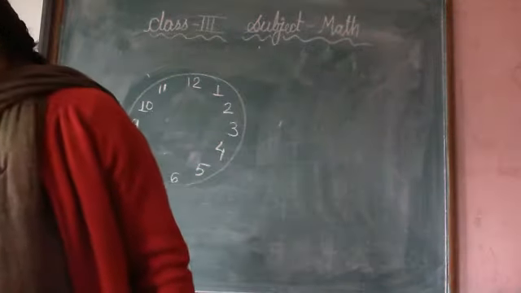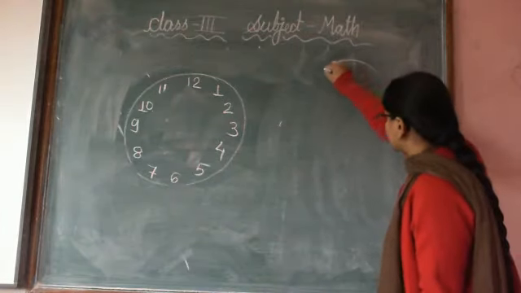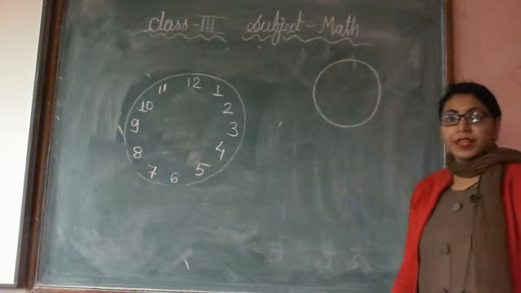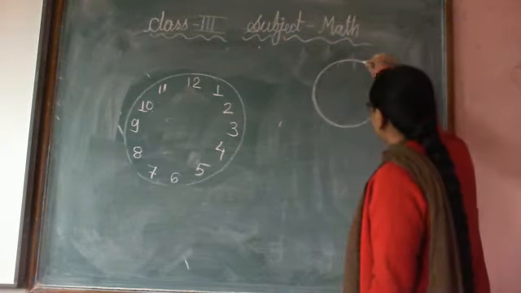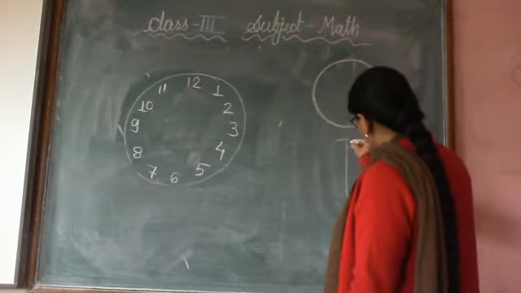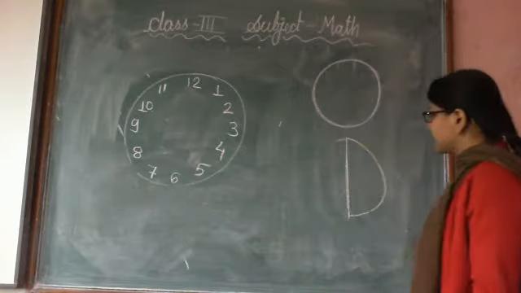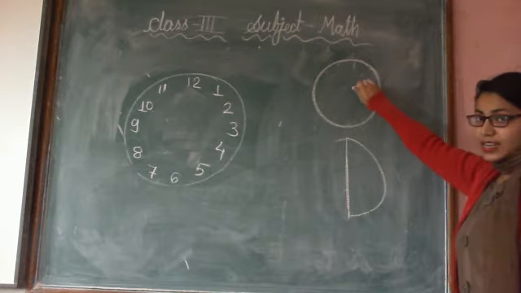See, the dial or face of the clock is like a circle. Isn't it? Yes, it is. This is a full circle. Now what is this? This is a half circle. This is a full circle.